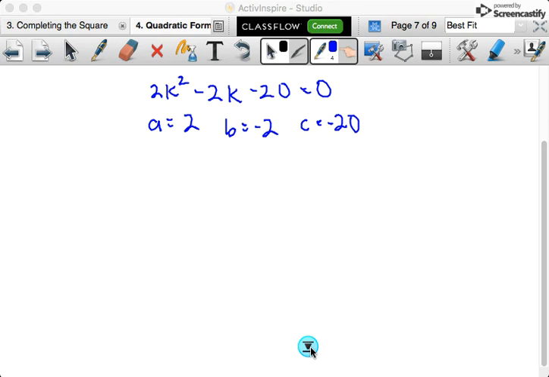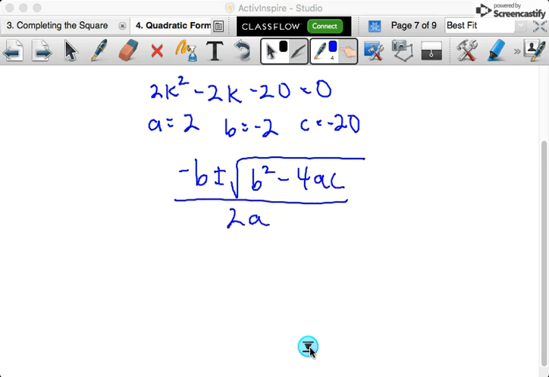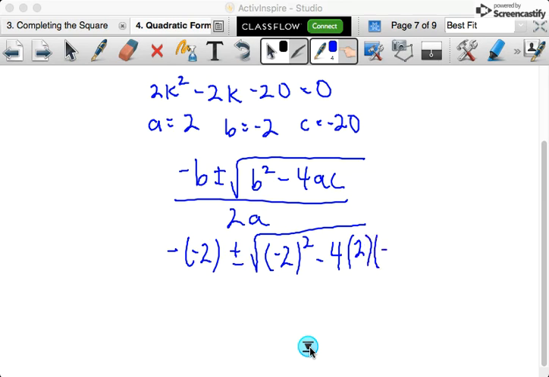Then I'm going to plug it into my equation. -b plus or minus the square root of b squared minus 4ac all over 2a. So now I've got a negative, and my b is negative. So this -2 becomes a plus or minus, and then I need to put parentheses around this -2 squared minus 4 times my a term of 2 times my c term of -20.